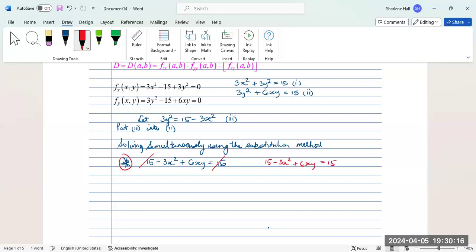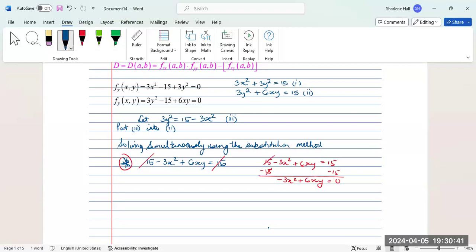If I subtract 15 from both sides, what I do with one side, I do the other side. That's what it says I'm supposed to do. That cancels that. So I'm going to be left with negative 3x squared plus 6xy, and 15 minus 15 is going to be equal to 0. Right, good.